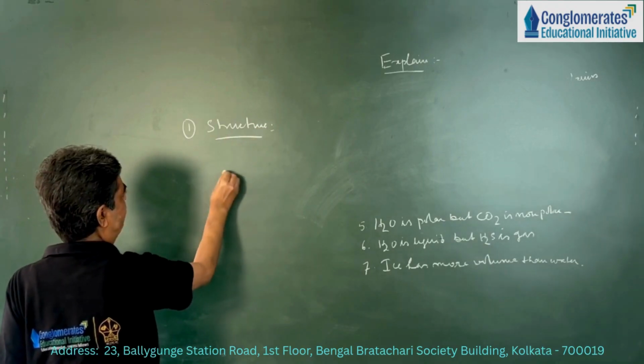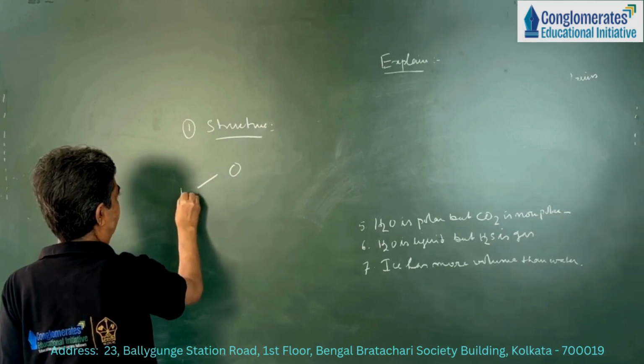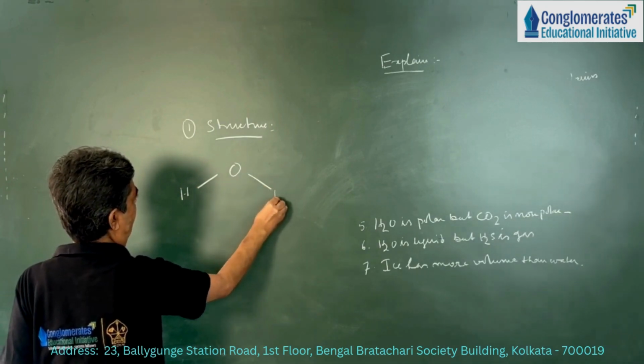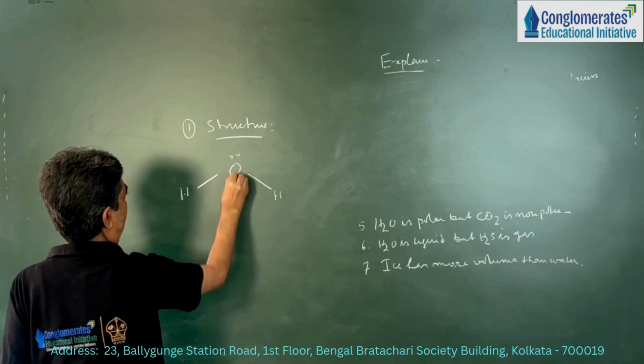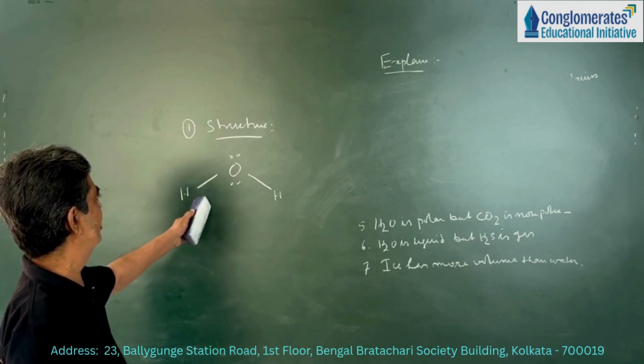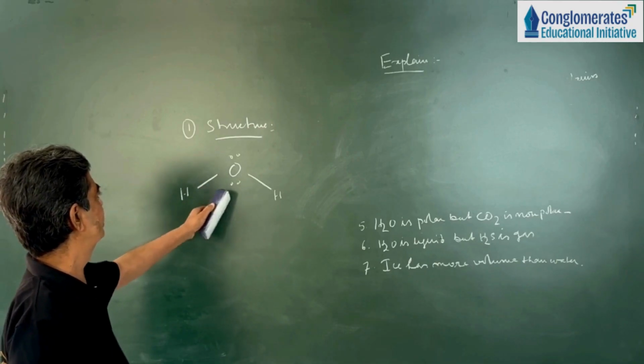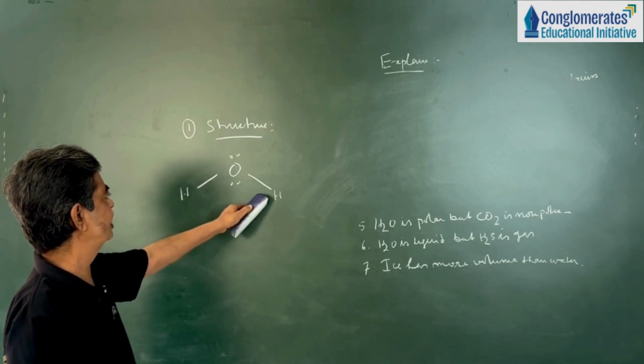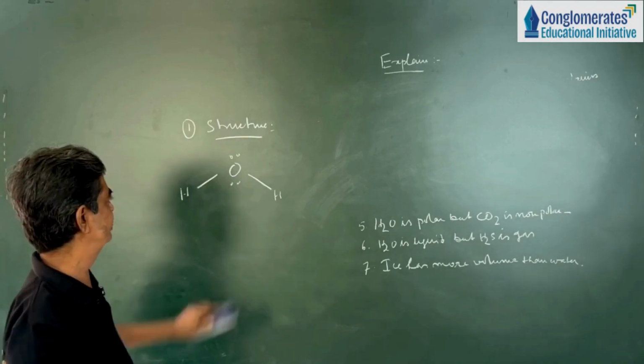What is the structure of water? This is the structure of water. It is an angular structure and they form covalent bonds. Hydrogen with oxygen, they form the covalent bonds.